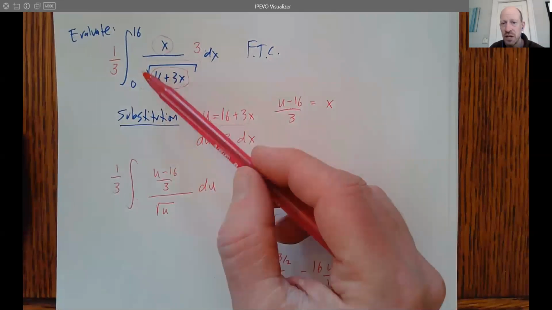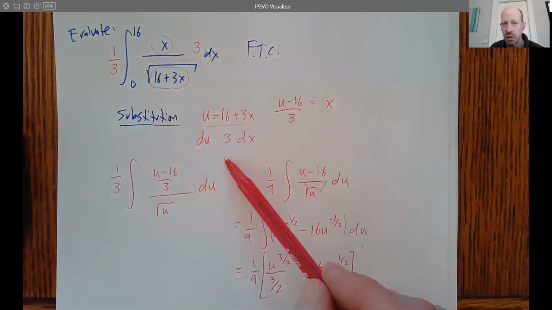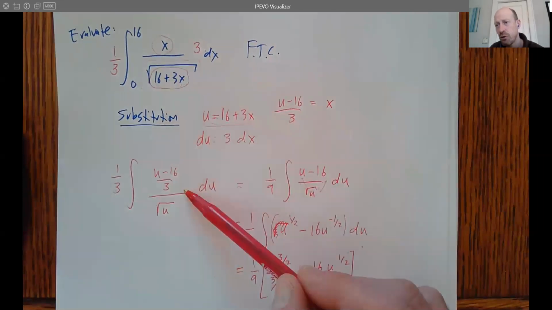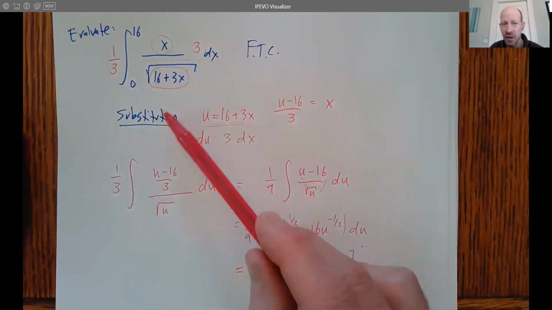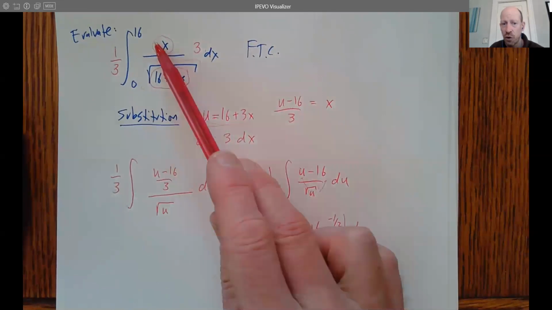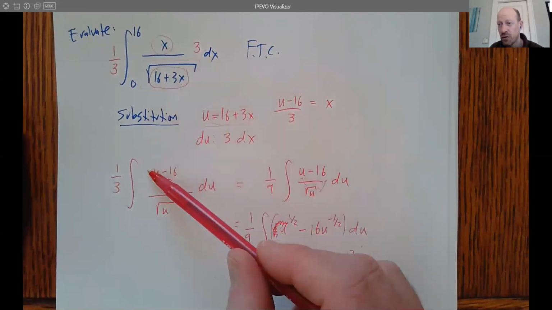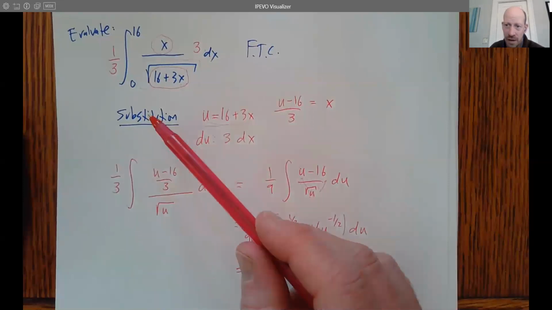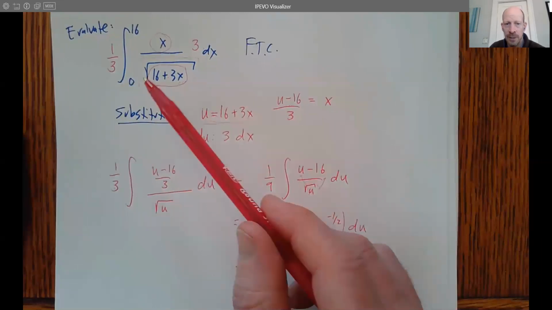When you rewrite your integral into u values, you have two options. The best option is to just change these x values into their corresponding u values. It turns out that that will give you the same value for the definite integral. That's what I would do, and I would encourage you to do that as well.